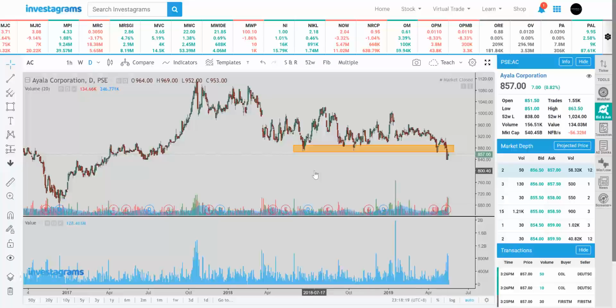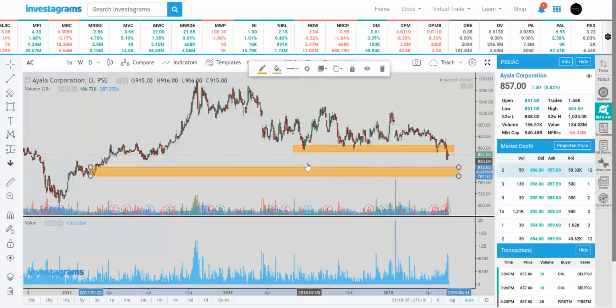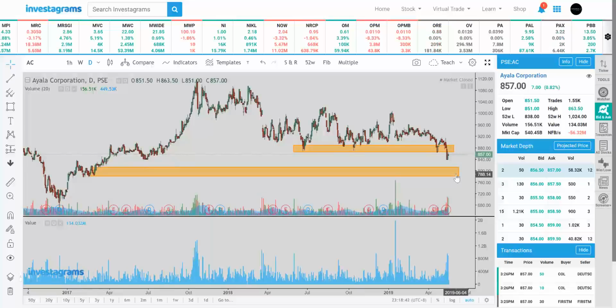So depending on how bullish you are or the scenario in the US markets, since AC is one of the biggest blue chips, plus having those internal issues that we've discussed, this may push lower to 800 probably. So again, the value just confirms to you that the price movement you're seeing has actual weight in it. You have to take it seriously, and that big money is flowing, or at least selling, in this context of AC.